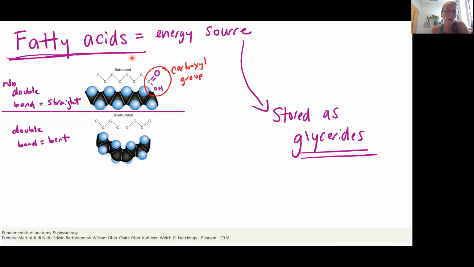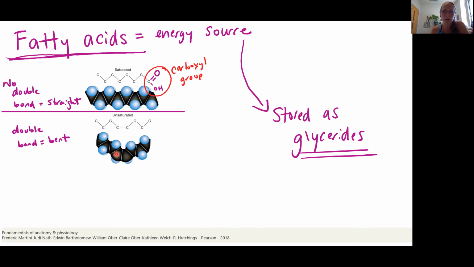So here is a diagram of your saturated fatty acid. Saturated fatty acids have all single bonds between the carbons, and it's called saturated because the rest of these carbons are completed with hydrogen. And then we will have a carboxyl group on the end. So that's how it's called an acid, fatty acid.